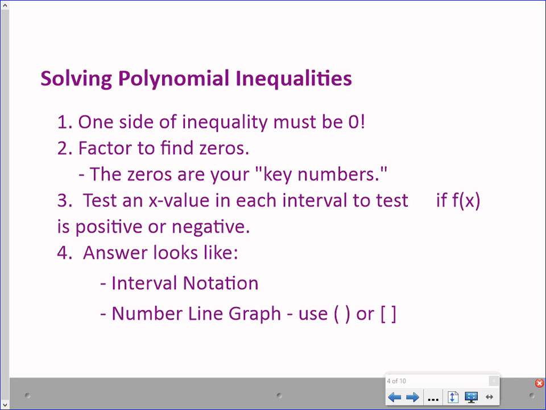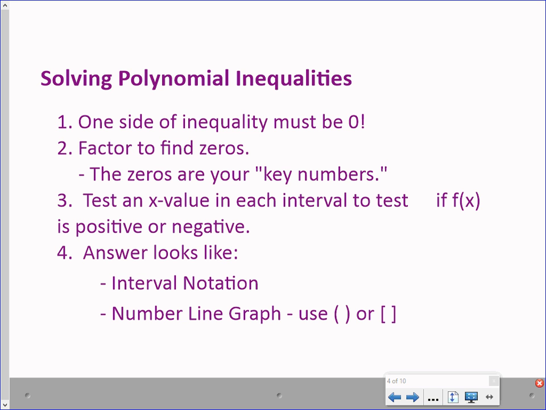Okay. After you get your key numbers, you think about that as like those are the different places on the x-axis where I can cross the x-axis and change my sign. So I need to start testing x values to see where the graph is positive or negative. And I'll show you how I like to do that. You can also use what you know about graphs to help you here. Finally, you should write your answer.